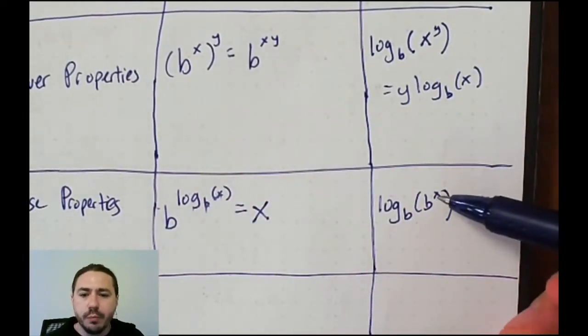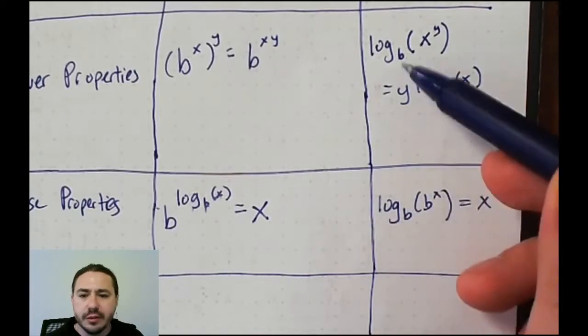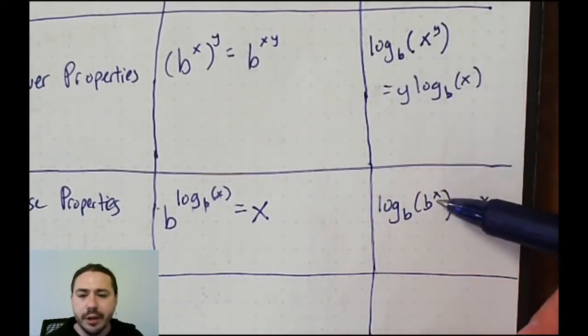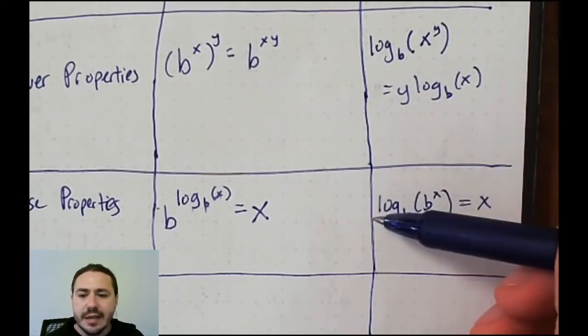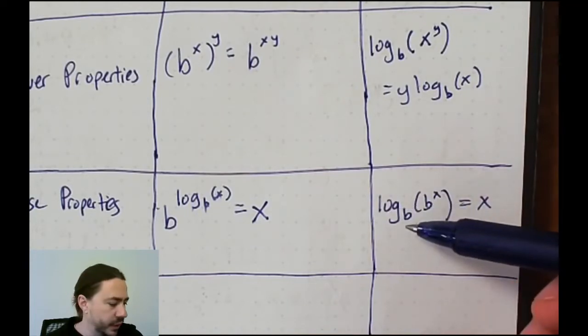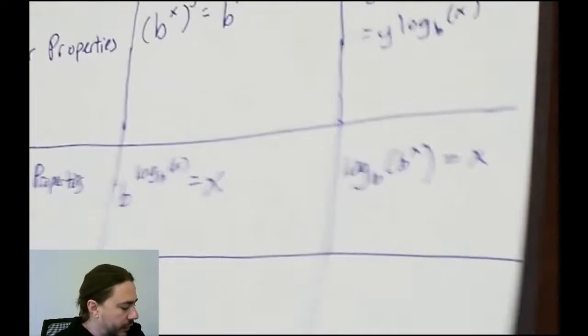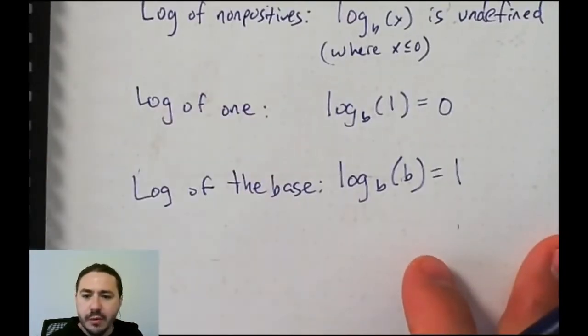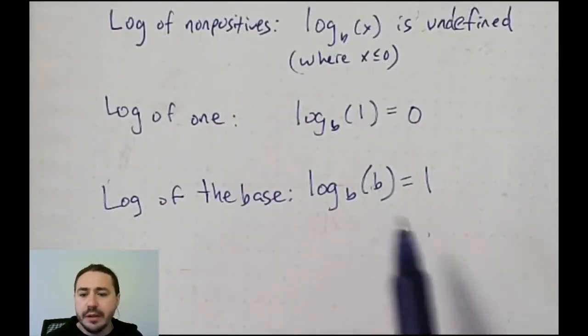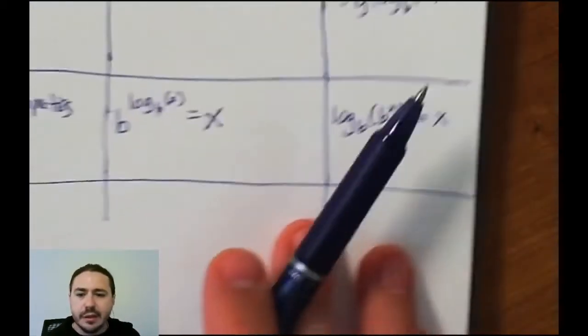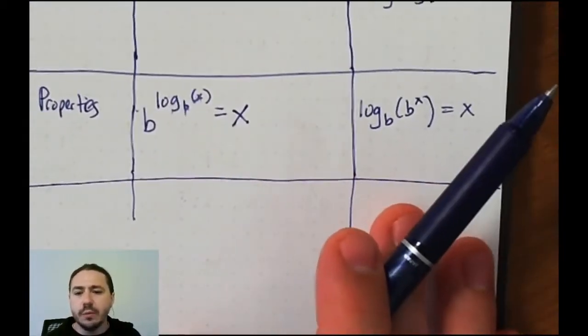If I were to bring the x over to be a coefficient, like I just showed you up here, you have x times log base b of b. And one of the first little logarithms that we went over that you should just know is that when you have log base b of b, that equals 1. So if I've got x times log base b of b, I've got x times 1, which is x.